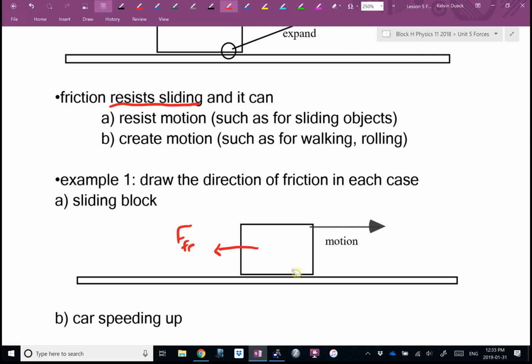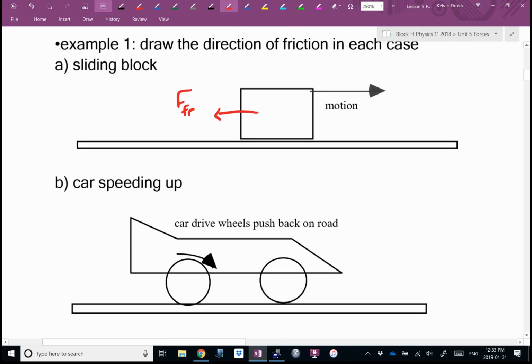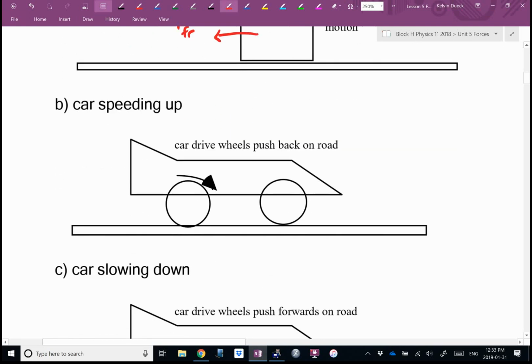Now, why is that? The object is sliding forwards relative to the ground, so friction will be backwards. Compare that with a car speeding up. With a car speeding up, the tires right there are pushing backwards. Don't write that down, just watch. The tires are pushing backwards. Forces come in. So the tire applies a force to the road.